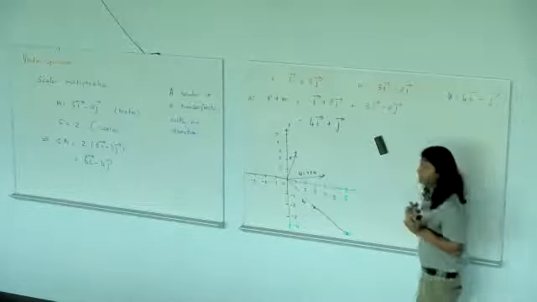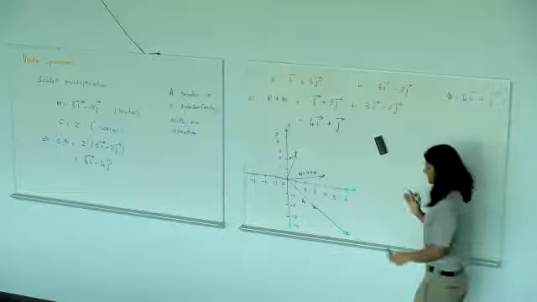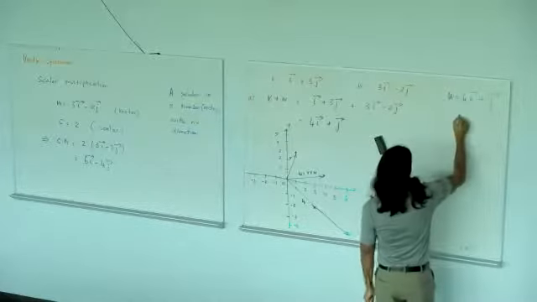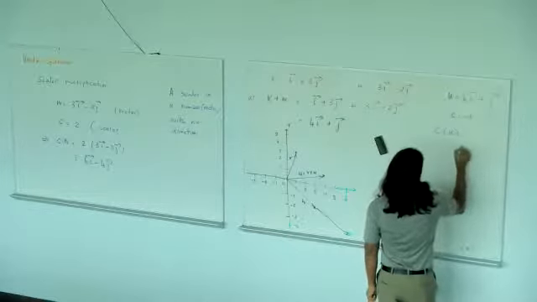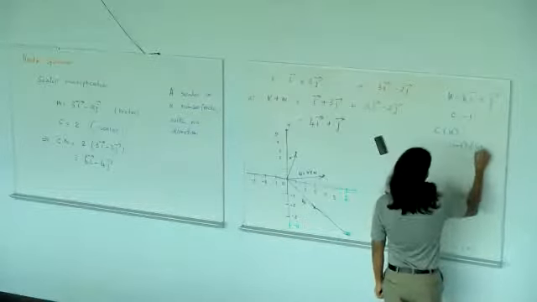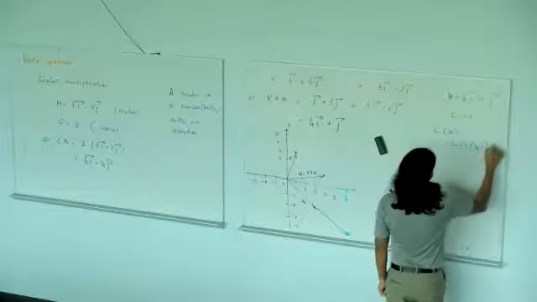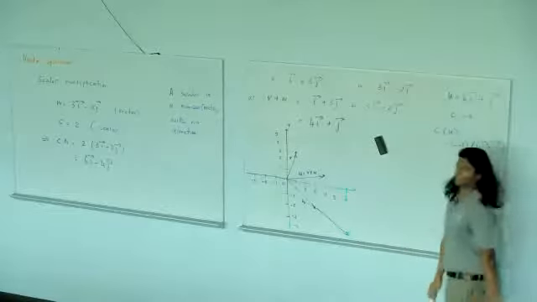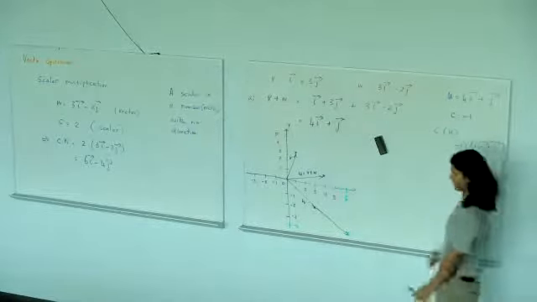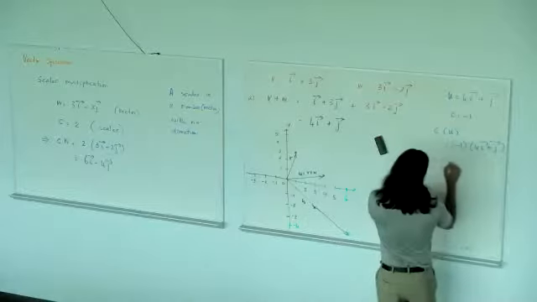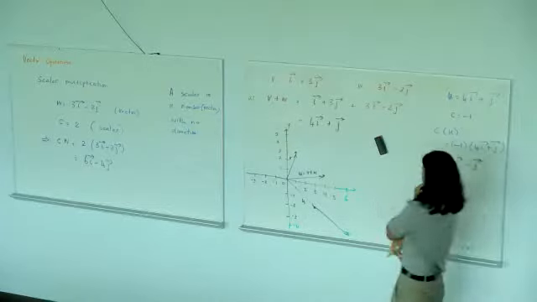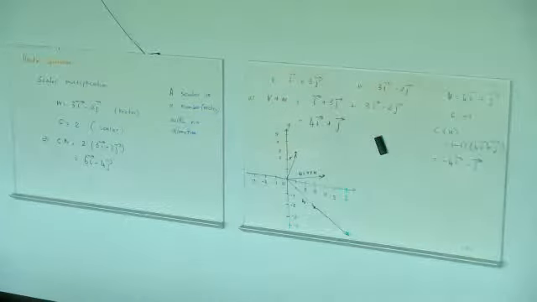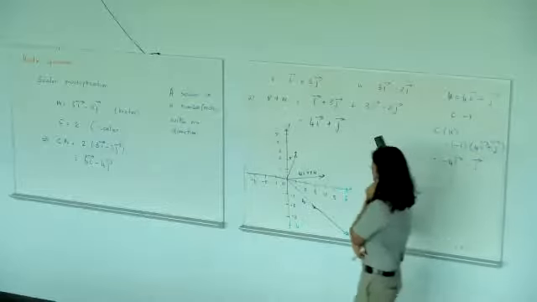Want to multiply it by a scalar, distribute the negative: negative 4 vector minus J. So x is negative 4.